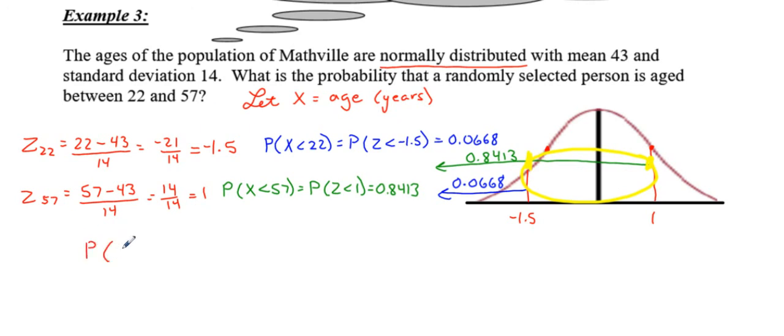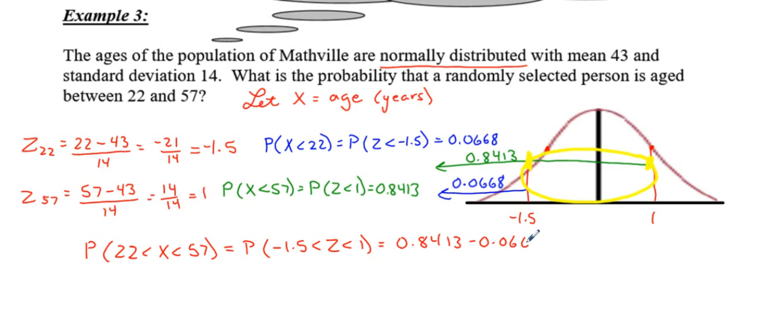So the probability of being greater than 22 but less than 57 is the same as the probability that your z-score is greater than negative 1.5 and less than 1, and that means you're going to subtract the two values. 0.8413 minus 0.0668, which is 0.7745.